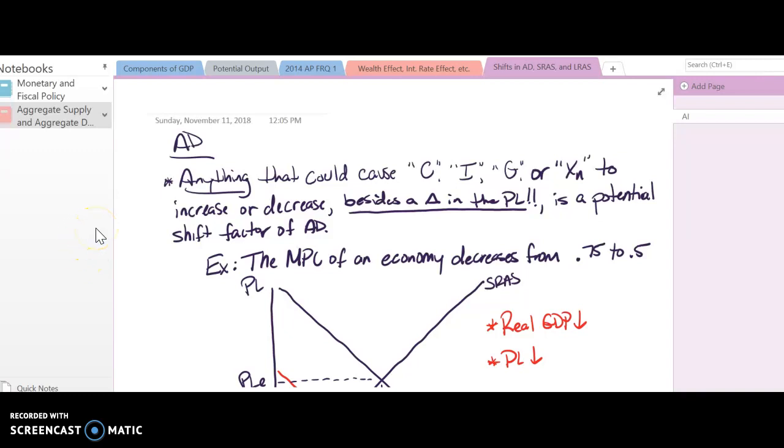Okay, I cannot go over an exhaustive list of all of the different things that can increase or decrease aggregate demand. There are many of them.